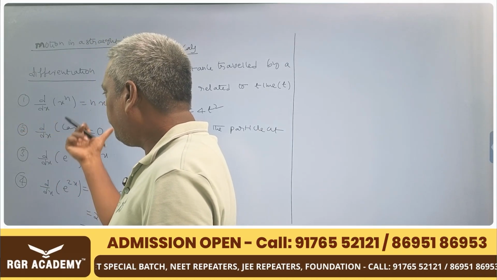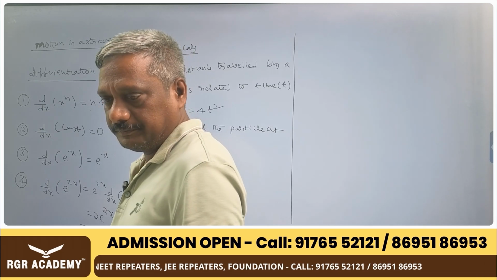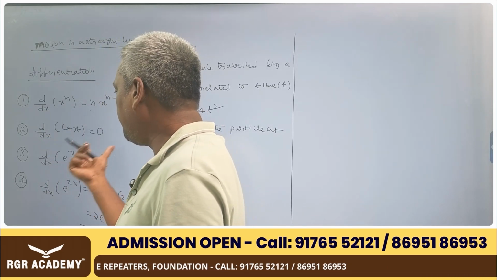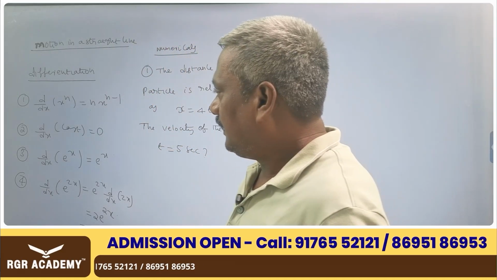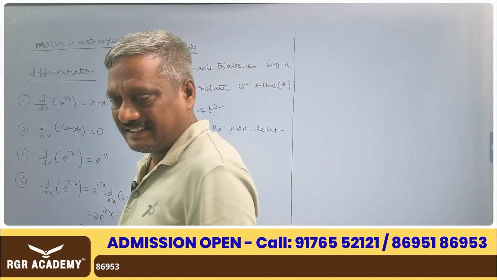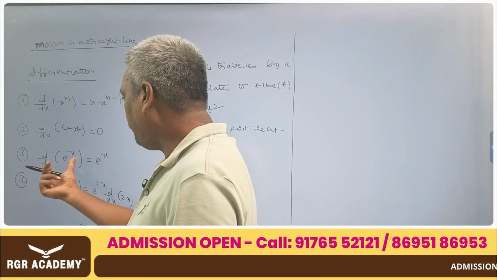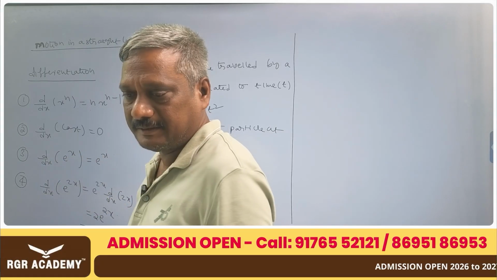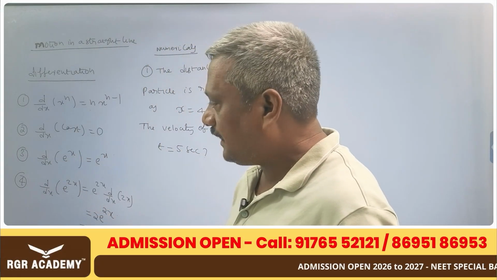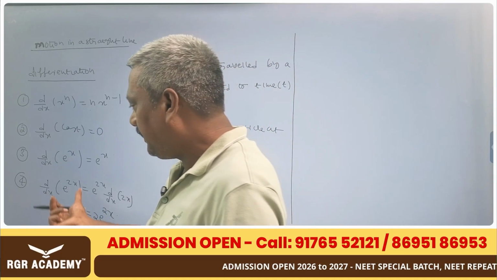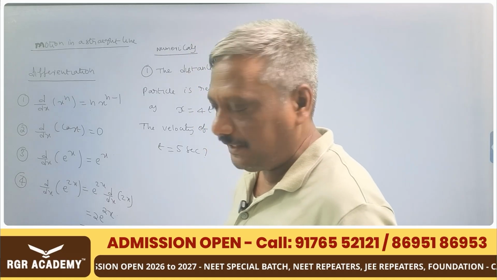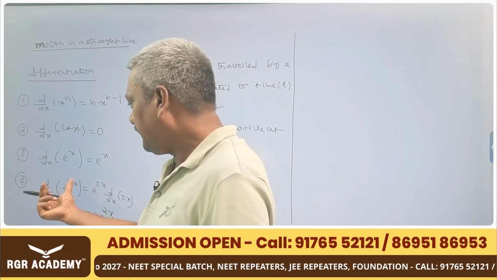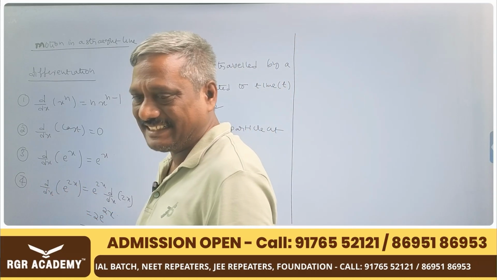The derivative of any constant term is equal to 0. And the derivative of e power x is equal to e power x. Not always like that. If you take d by dx of e power 2x, how can you apply? Let us take 2x as x.